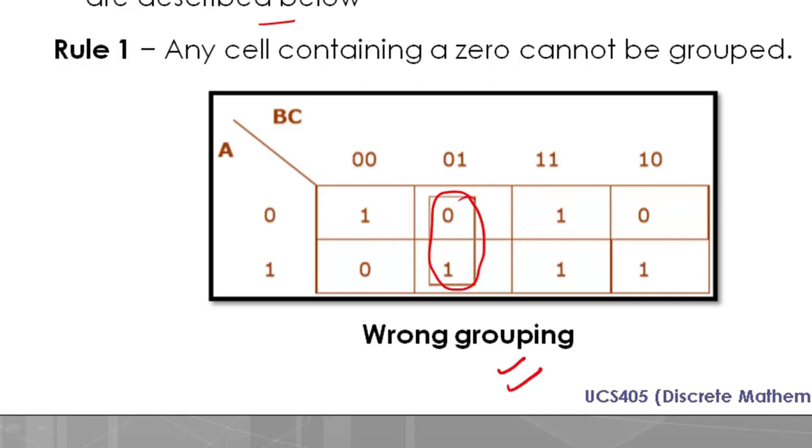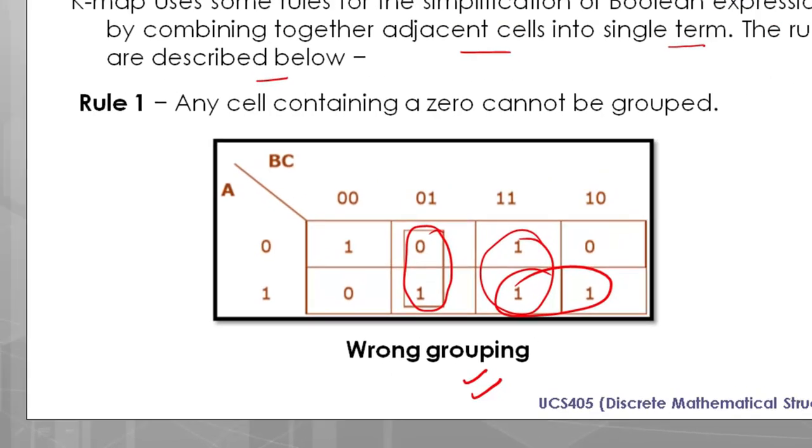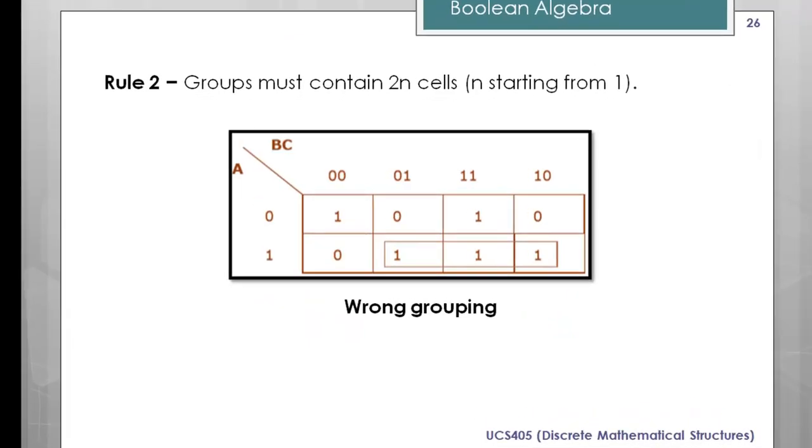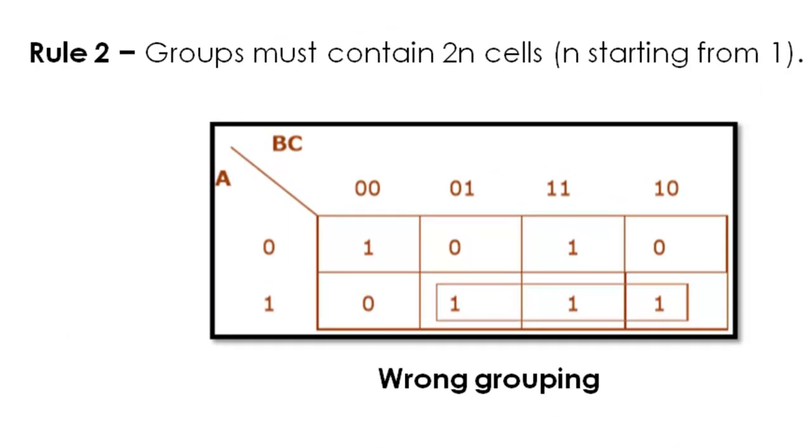We always group the ones. Second rule, groups must contain an even number of cells. These are 3 cells in a group, but this is wrong. There is always an even number of cells in a group.